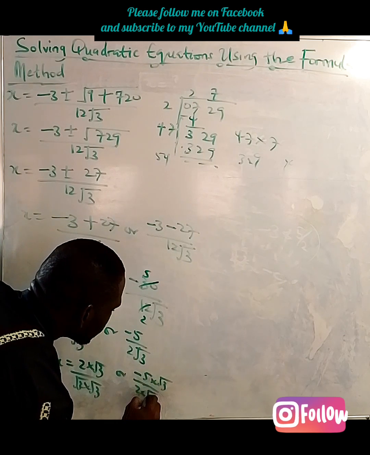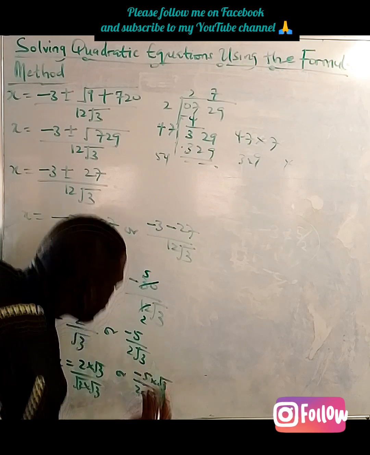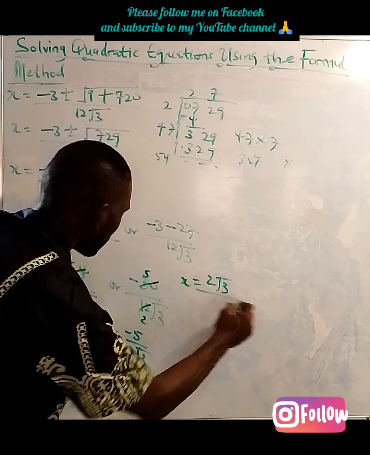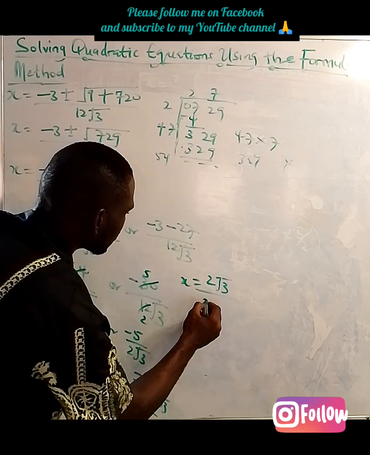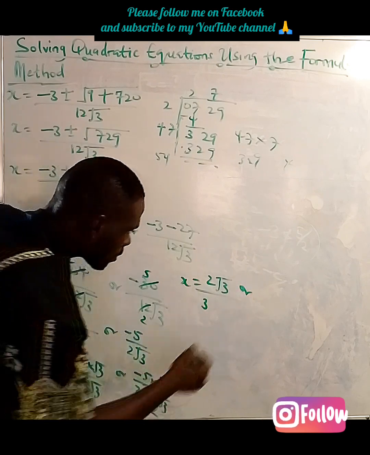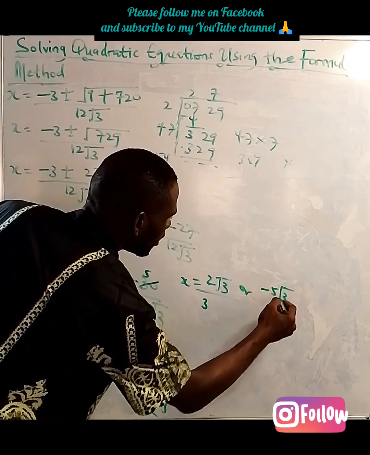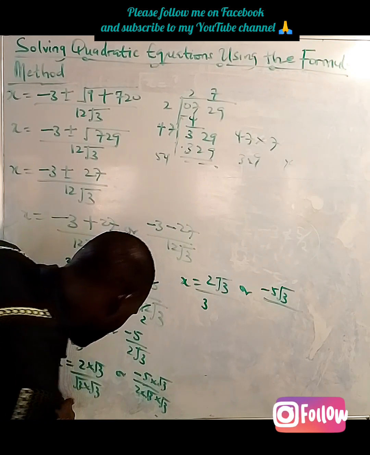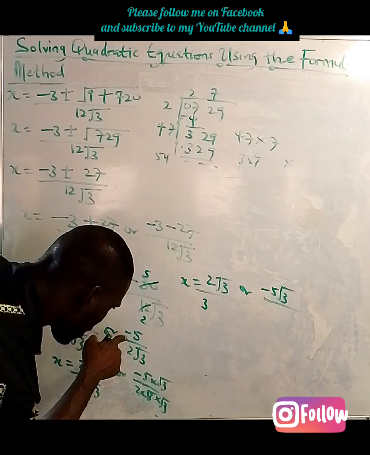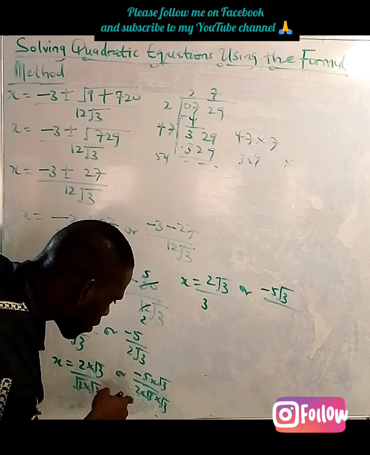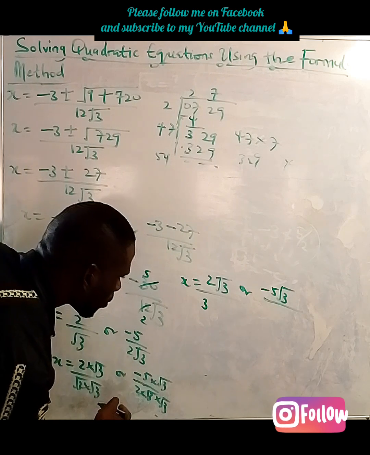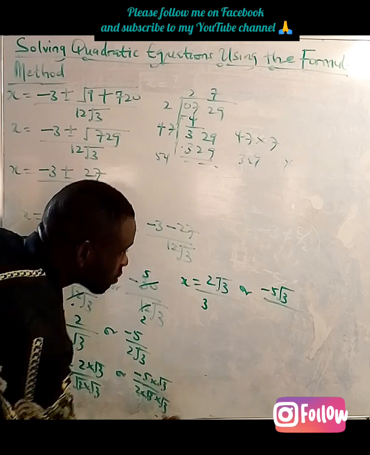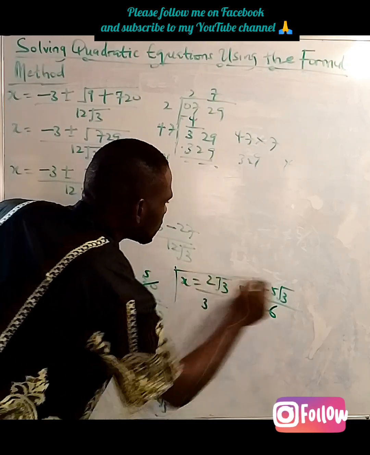There's a root 3 here already, so multiply by root 3 top and bottom. So x will be 2 root 3 over root 3 times root 3, just 3, or minus 5 root 3 over 2 times root 3 times root 3, that will be 2 times root 9, which is 2 times 3, which is 6. So these are the values of x also.